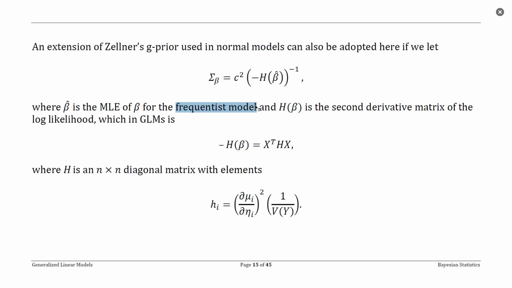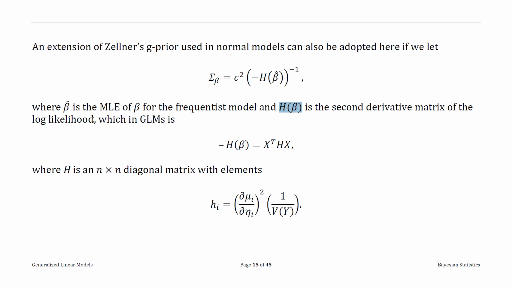In other words, you're actually going to fit a frequentist model to your data before you choose your prior distribution. Sometimes this is known as an empirical based approach, where you use the data to get some sensible values for your prior distribution. And H of beta is the second derivative matrix of the log likelihood.